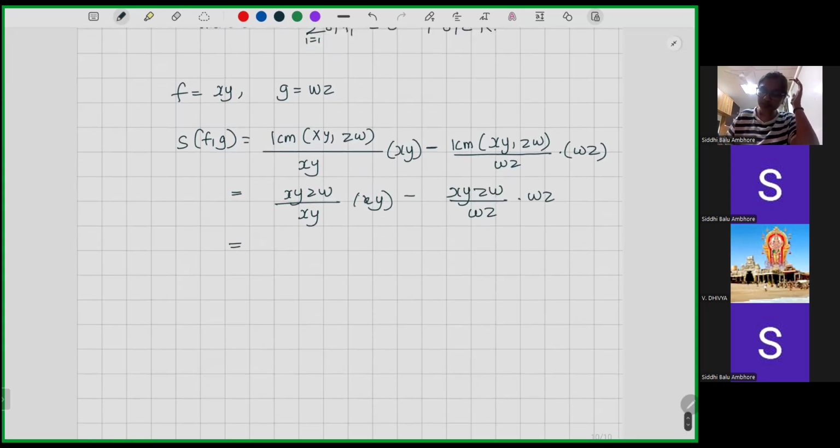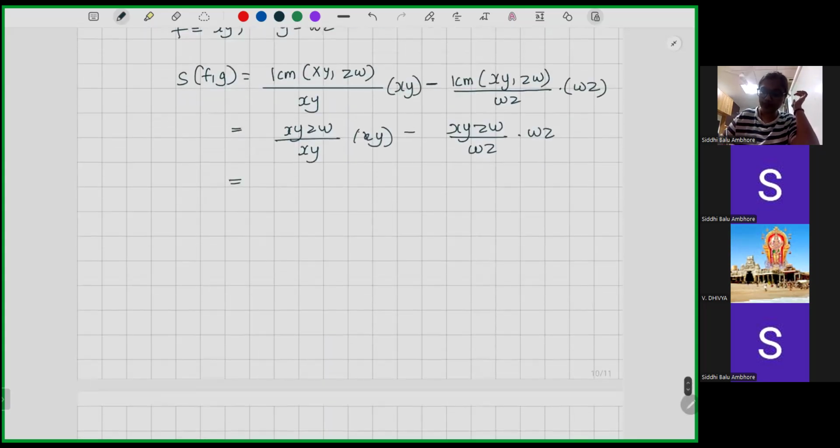If I simplify this, I get ZW times XY minus XY times WZ, which is 0.